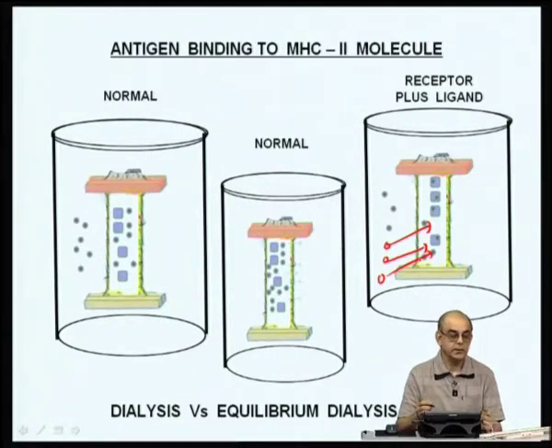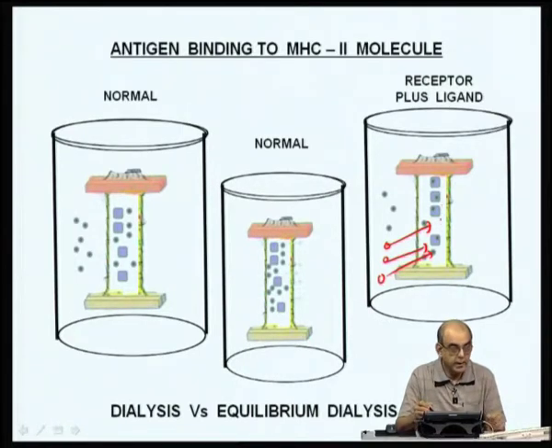So, basically the principle is to have purified MHC molecules inside the dialysis bag and put the radioactively or fluorophore coupled ligand or antigenic fragment outside the dialysis bag, and look at the movement of the radioactivity or the fluorophore into the bag, and then plot versus time.